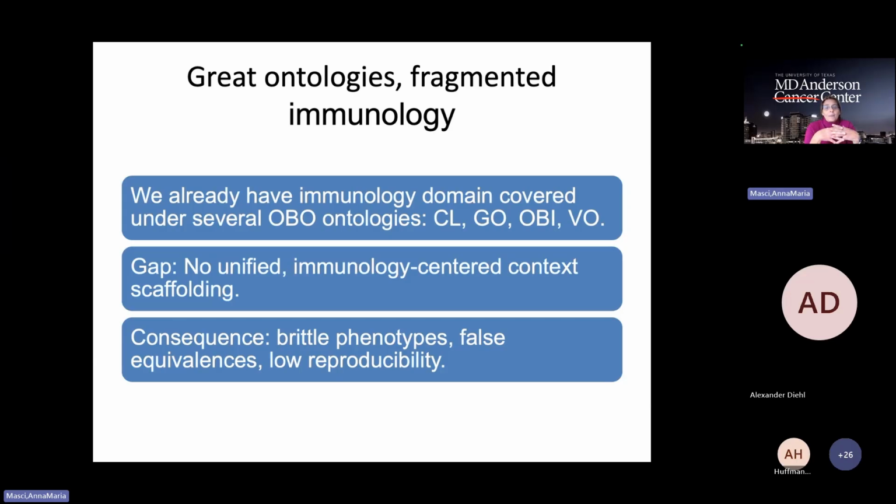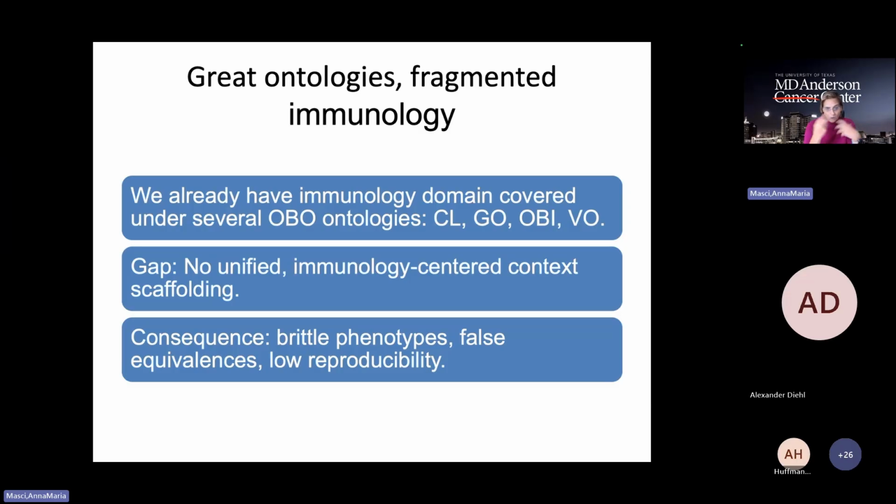But what they cover, I would say, is the main general immunological information. What is still missing is the context. In immunology, the context is a main part of the information, because nothing that happens with our immune system is static.